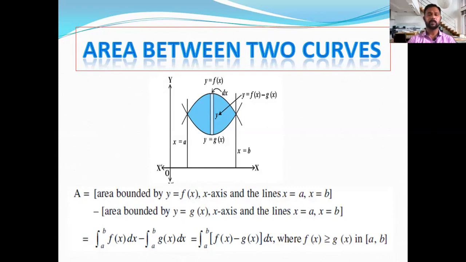How will you represent it symbolically? It is given by integral a to b f of x dx minus integral a to b g of x dx. Since the limits of integration are the same, you can consider it inside the same integral. It can be written as integral a to b f of x minus g of x dx.